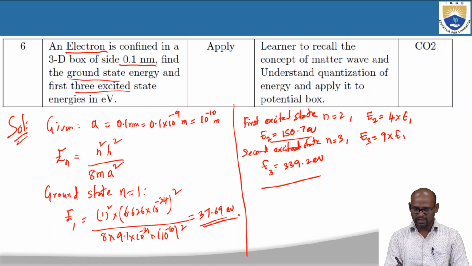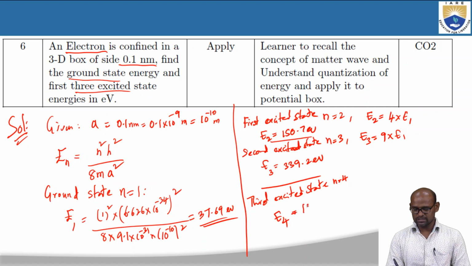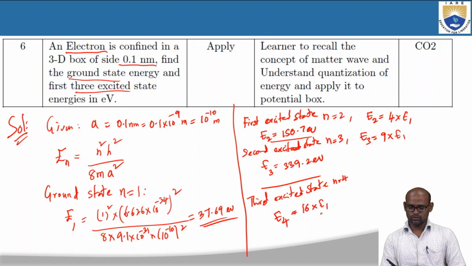Okay, if you want to calculate the third excited state, n is equal to 4. That means E4 is 16, 4 square is 16, into E1. This is the third excited state. The fourth excited state is 5 square, so 25 into E1. So we can calculate the energies.